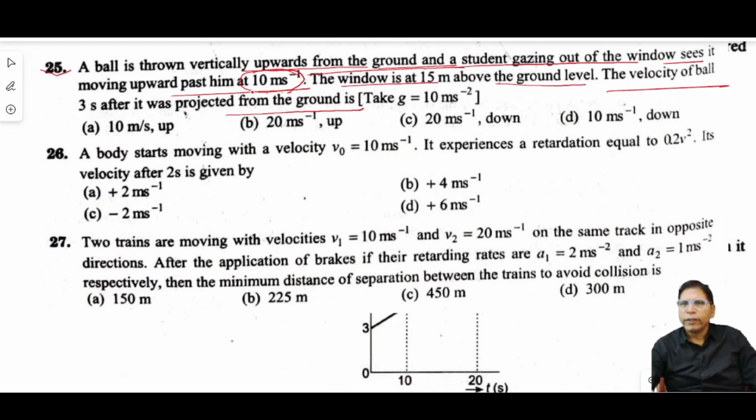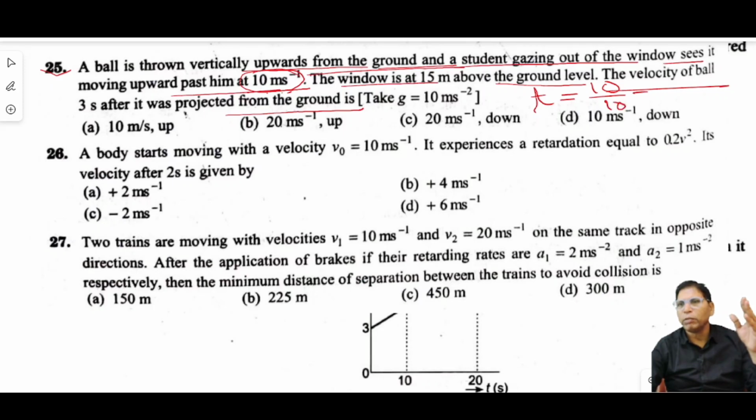Look at this. At the window, velocity becomes 10 meter per second. So the time taken by the ball to reach the highest point from the window is velocity by acceleration.